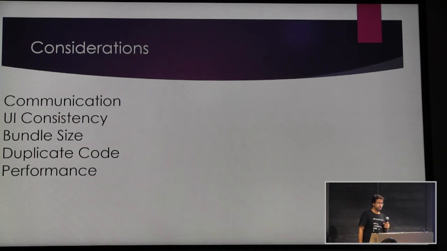The bundle size could be more because there are shared libraries and each team is developing its own application, so there could be some shared libraries that we are bundling multiple times. That leads to the same issues with duplicate code, and as a consequence, performance could take a hit because the bundle sizes could be large.